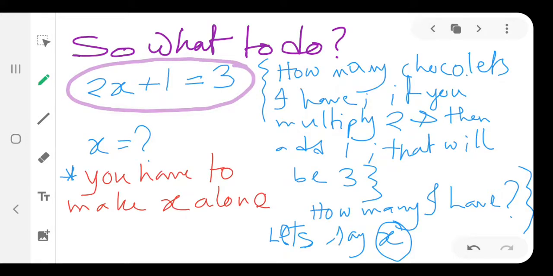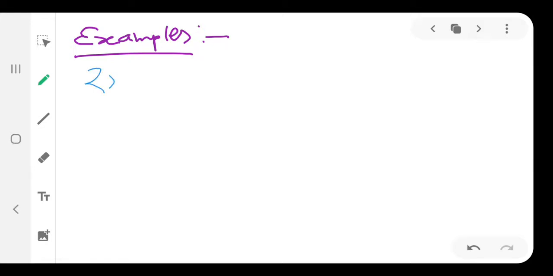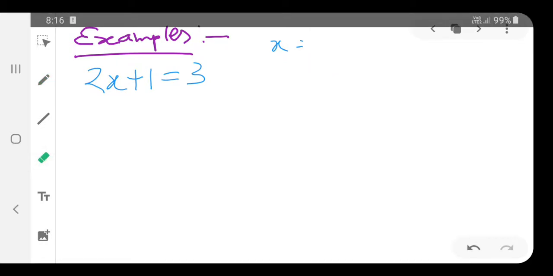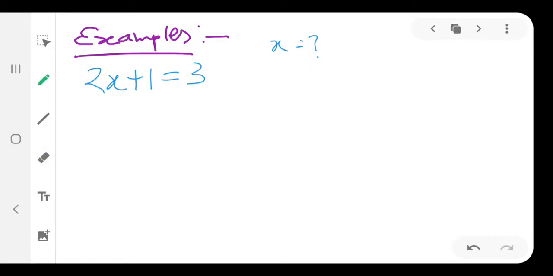So let us take this question here. 2x plus 1 is 3 was my question, and I have to find x. So my motive is finding x, and for that I have to make x alone.